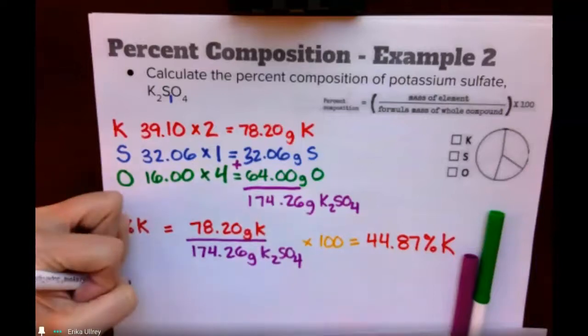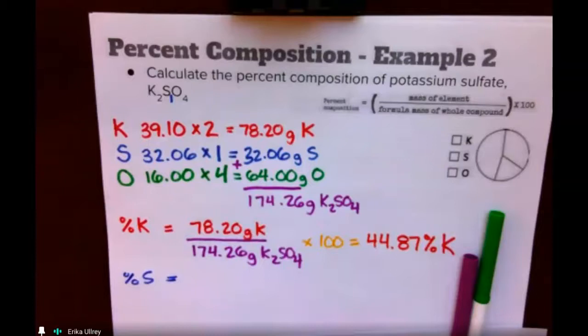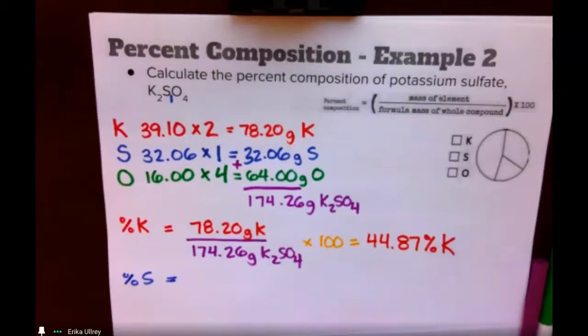Okay. So then the next thing that we're going to do is we're going to look at sulfur. Arvina, what am I going to do to figure this one out? What number is going to go on top and what number is going to go on the bottom? So Arvina, are you there? Yes.